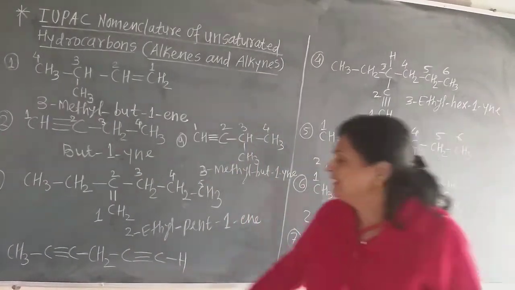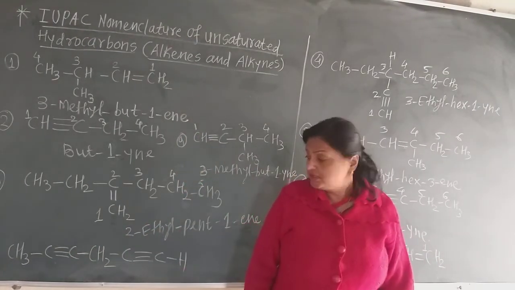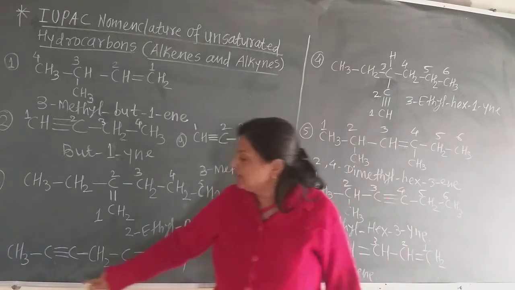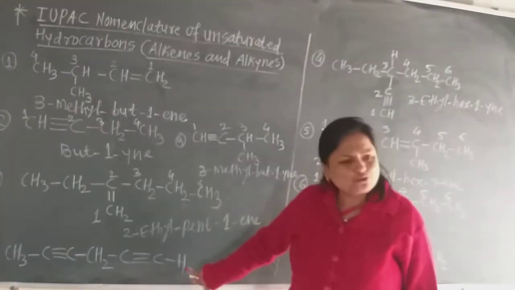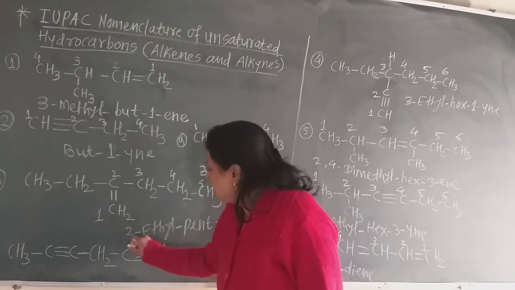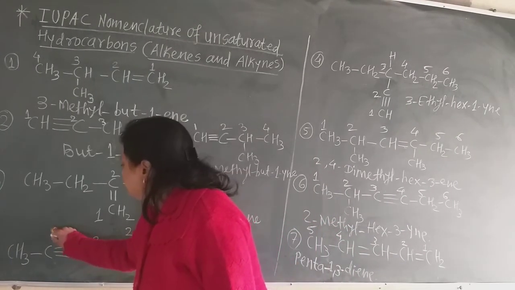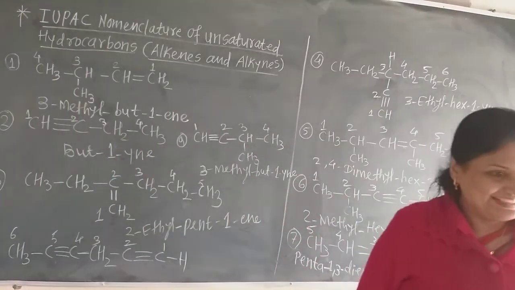Now let us see this 8th example. It contains 2 triple bonds in the chain. From this side the first carbon has the triple bond, and from this side the second carbon has the triple bond, because this is hydrogen. This is the first carbon. So number from this side: 1, 2, 3, 4, 5 and 6. Now this is hexadiyne.